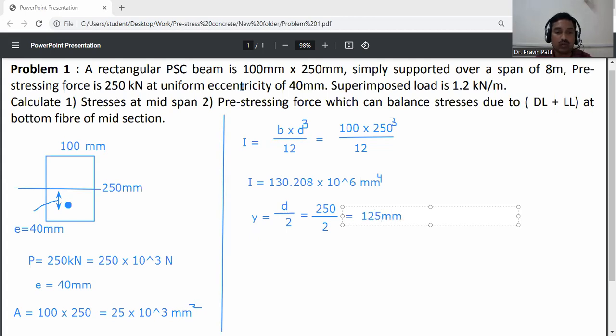Now the section modulus Z is equal to I divided by y.